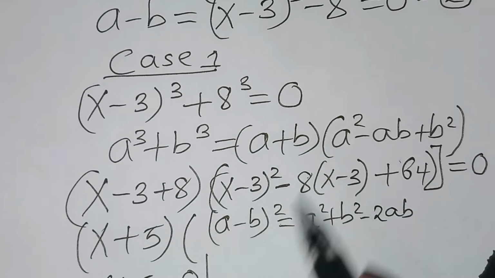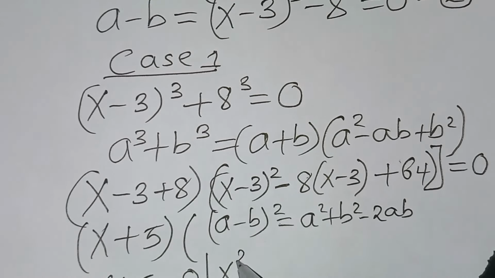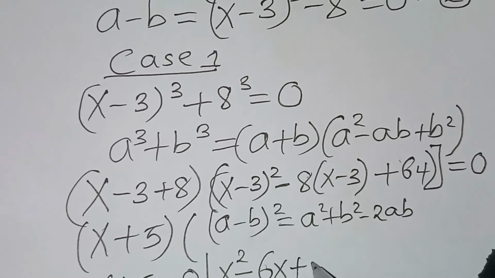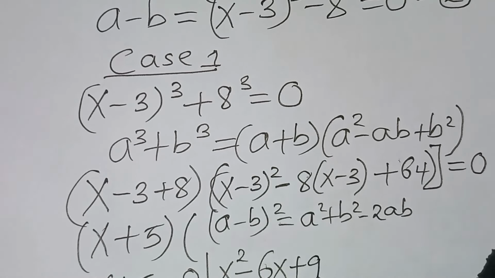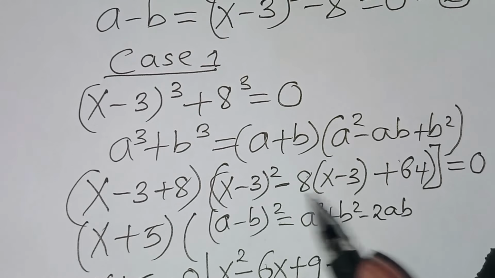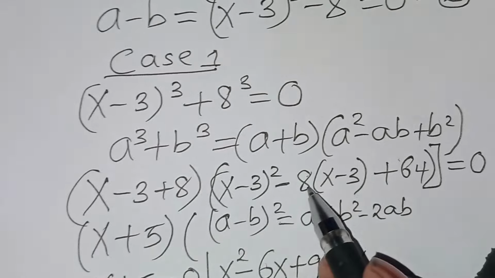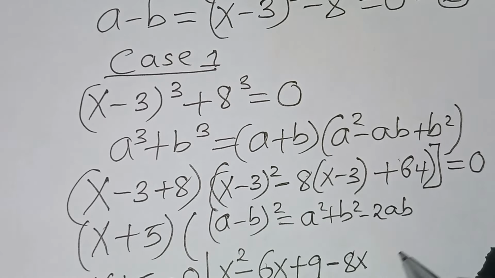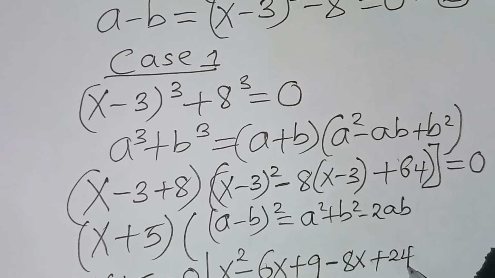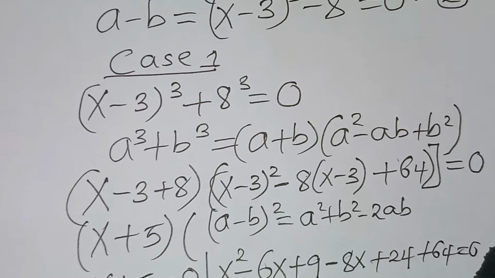And here we'll have x² − 6x + 9, then subtract 8 times x, this is 8x, and negative 8 times negative 3, this is plus 24, then plus 64. This is equal to 0.